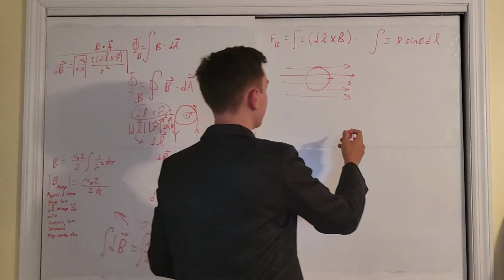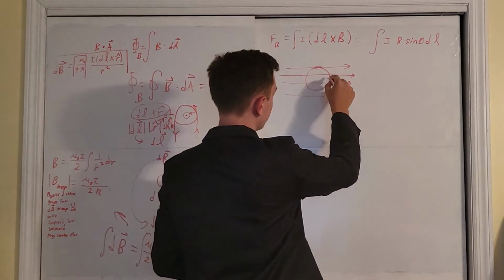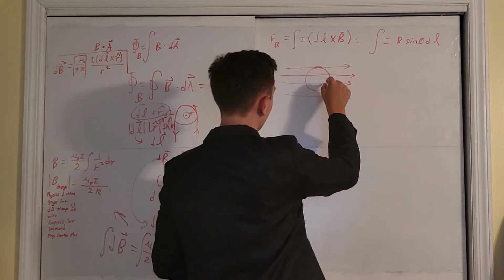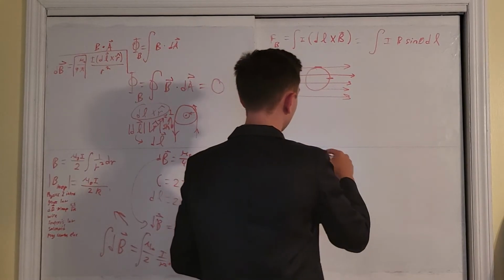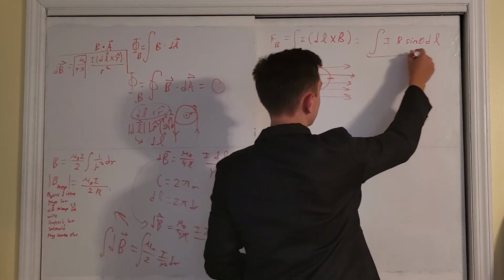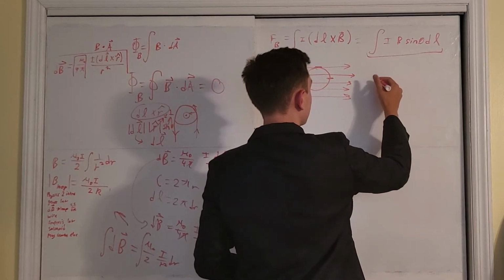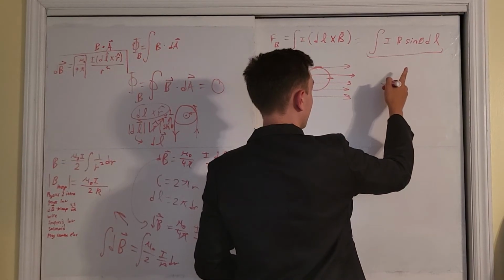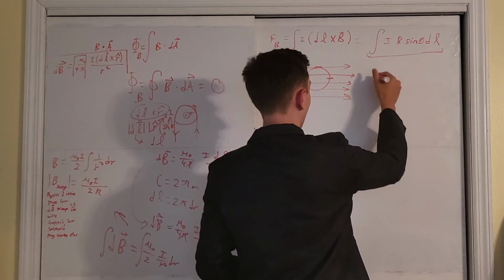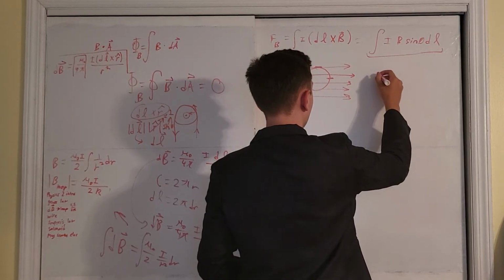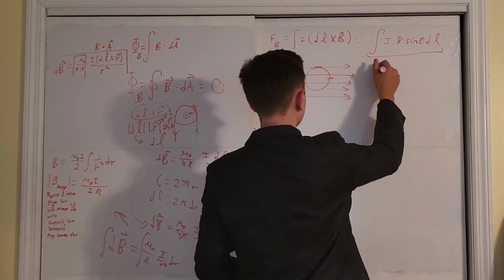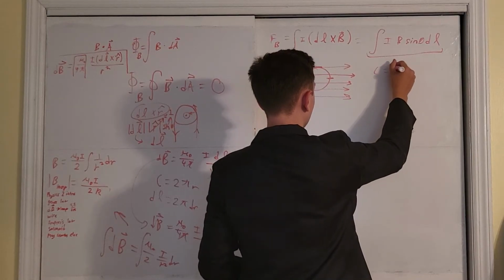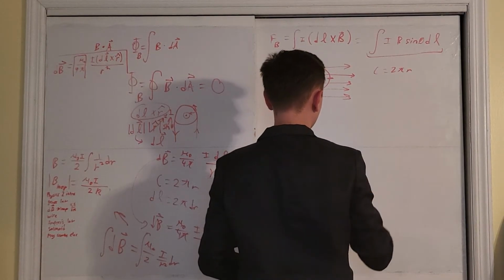So in this case, if we wanted to find the magnetic force exerted on this circle, we would need to solve this integral, okay? So first, I want to take my sine theta and I want to express it in terms of the length of the wire. Well, first and foremost, I know that the total length of the wire is the circumference of the circle equals 2 pi r, okay?